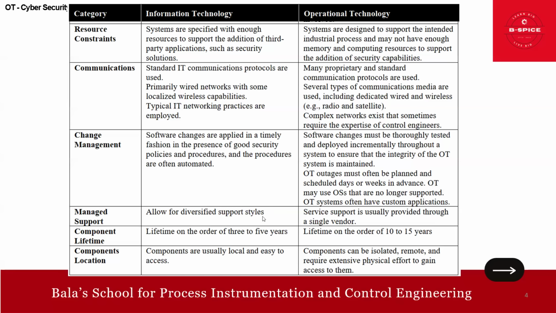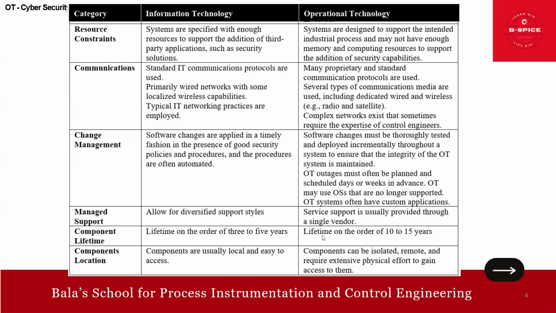And when we talk about managed support, IT allows for diversified support styles. But in OT, service support is usually provided through a single vendor. For example, Yokogawa, right? That means we need to depend on them only. And component lifetime: in IT, the lifetime is of the order of 3 to 5 years maximum, the switches, all these.